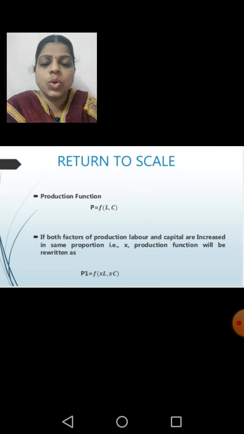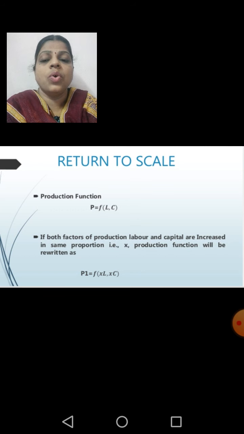I told you that in the short run, the output is only a function of the variable factor, because in the short run all the fixed factors are kept constant. Here, the production function P equals f of L and C is a function of both labor and capital. Here all the factors are varied.